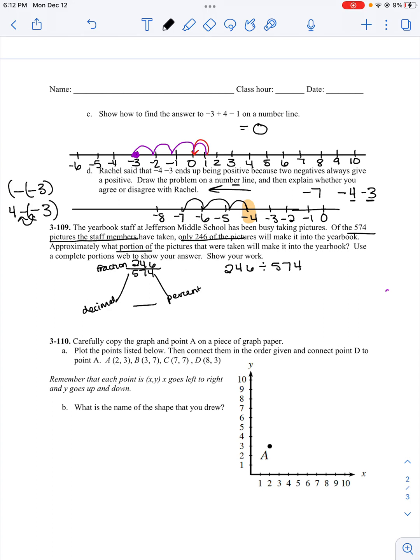Okay, so grabbing out a calculator that you can't see. So it is 246 divided by 574.